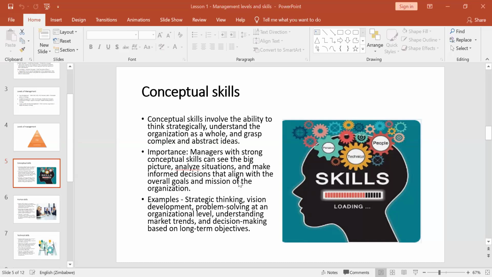Then we also have a few examples of conceptual skills. We have strategic thinking, the development of a vision, problem solving, understanding market trends, decision making based on long-term objectives. So the decision making on conceptual skills is strategic decision making, which is long-term.